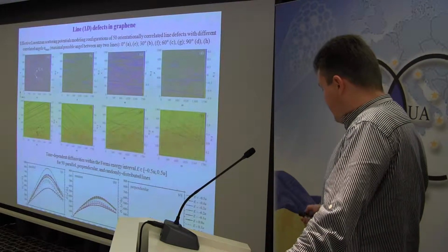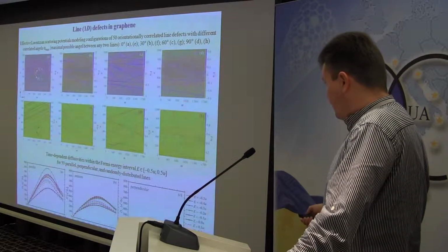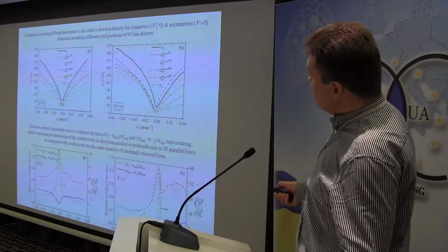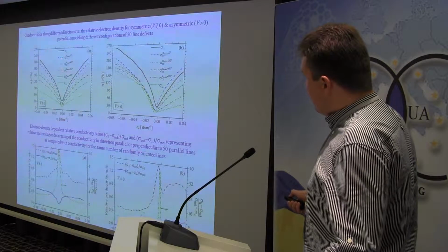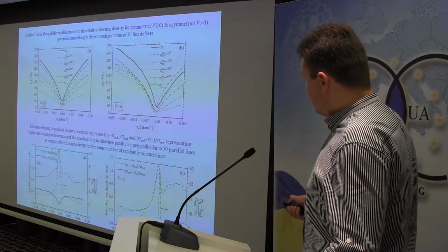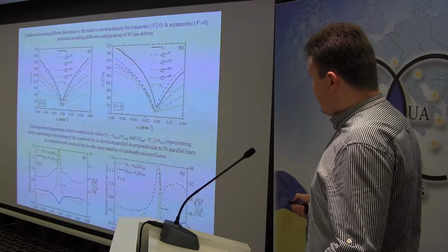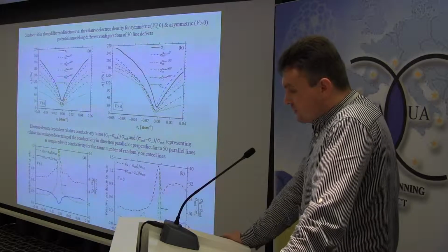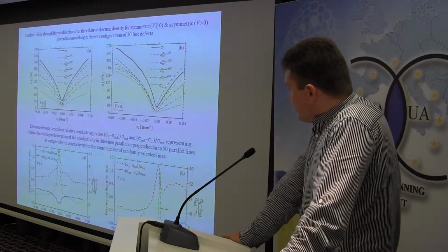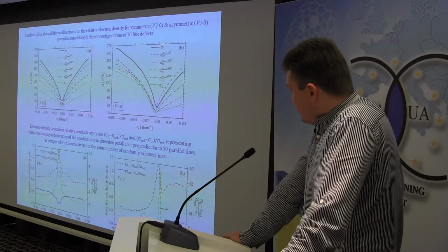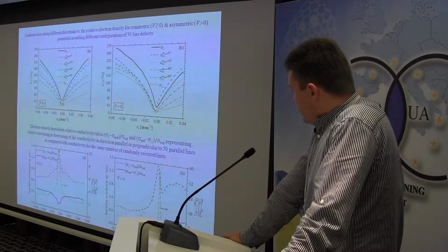After diffusivity curves have been calculated, we see that conductivity along the line greatly exceeds conductivity in the transverse direction. It's due to strong and weak scattering in these two directions. So we obtain anisotropy of the conductivity.